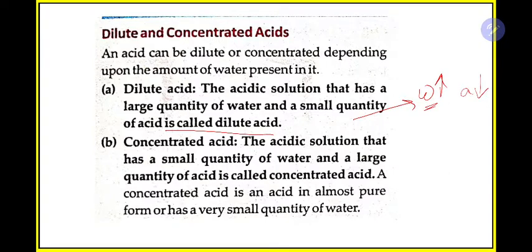The next type, the acidic solution that contains small quantity of water and large quantity of acid is called concentrated acid. In this second case, water is less but the acid amount is very high. So both are opposite to one another. In case of dilute, the water is more and acid is less. In case of concentrated, water is very less and acid is very more.